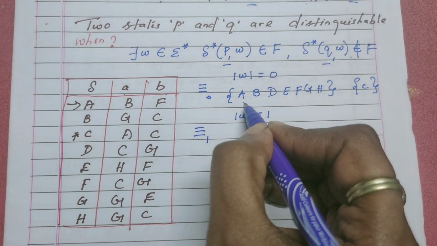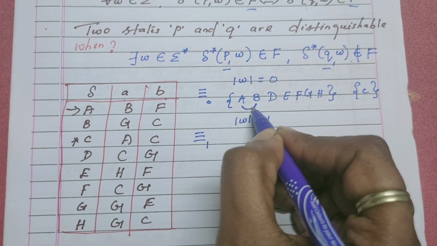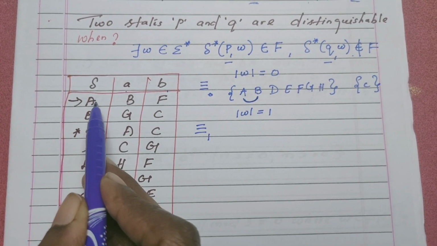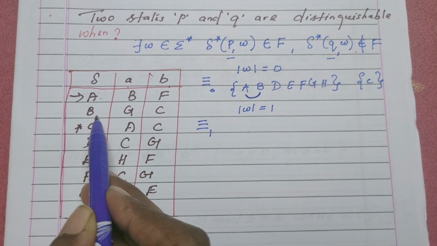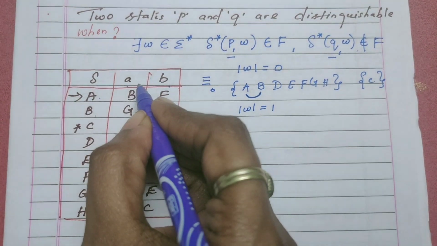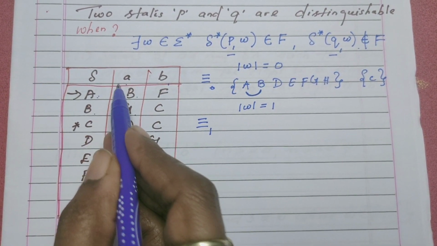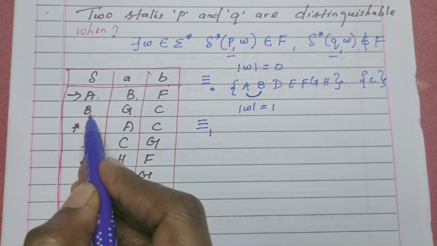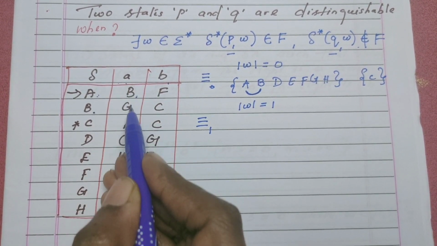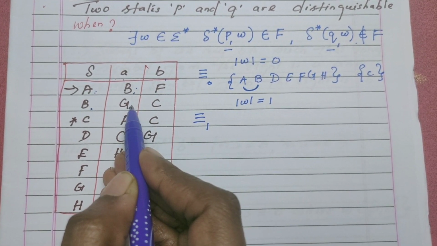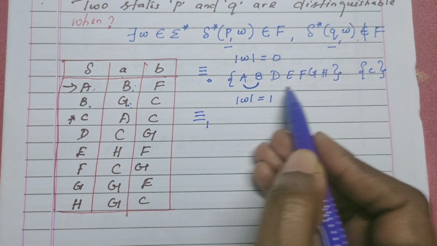Now I'm going to consider the states A and B. I'm going to check my transition table. From the state A and from the state B, on reading A, just find out where it goes. From A on reading A, it goes to B. From B on reading A, it goes to G. So B and G belong to the same set.